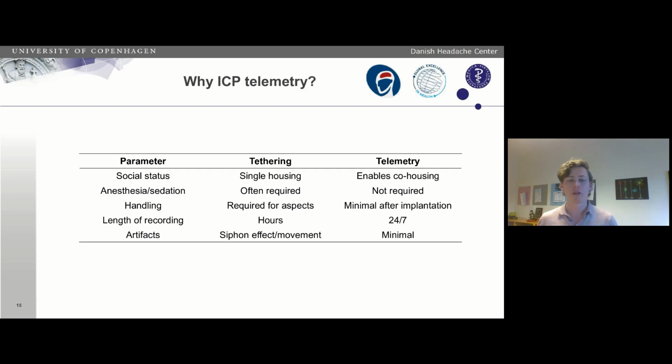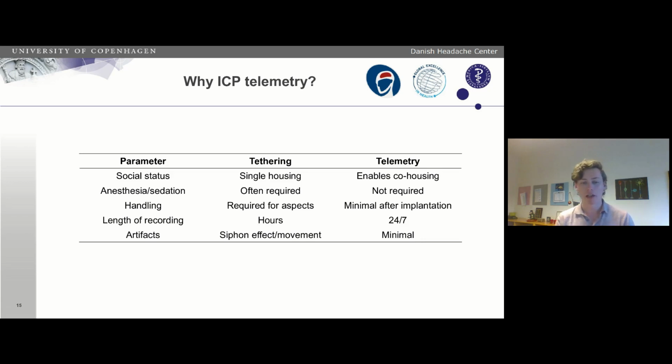Also, the length of recording here is much more beneficial. If a rodent's tethered, you can only measure pressure for so long, in the order of hours, whereas with telemetry, you can measure pressure 24/7 for as long as the telemeters will allow, which allows for assessments of diurnal variation in intracranial pressure, amongst other things.